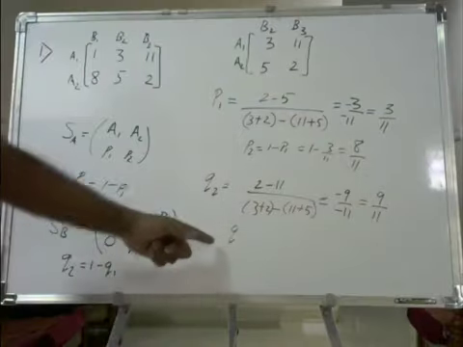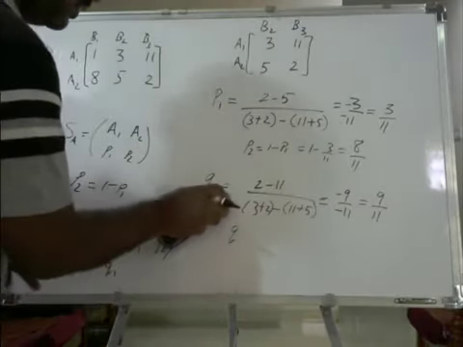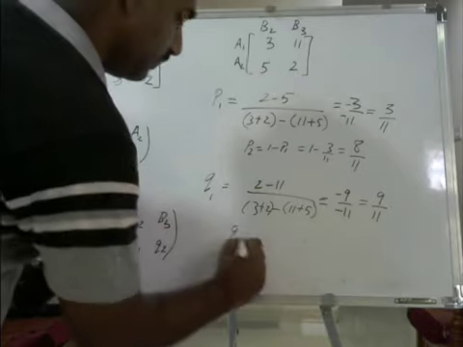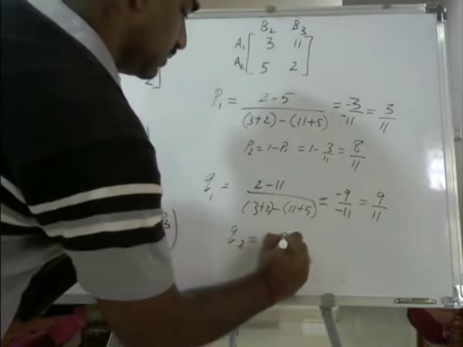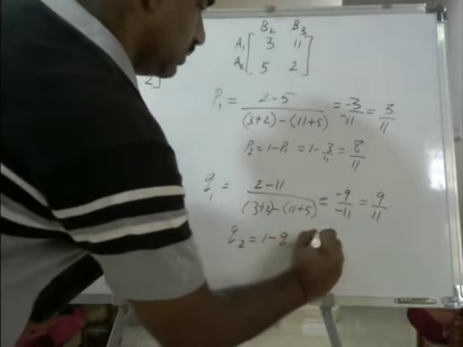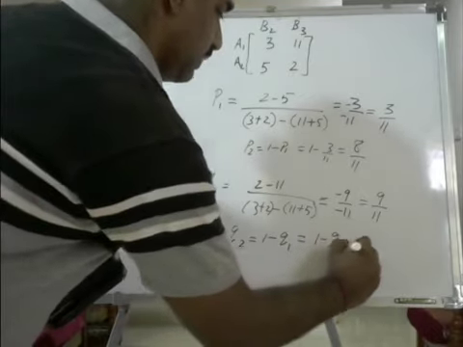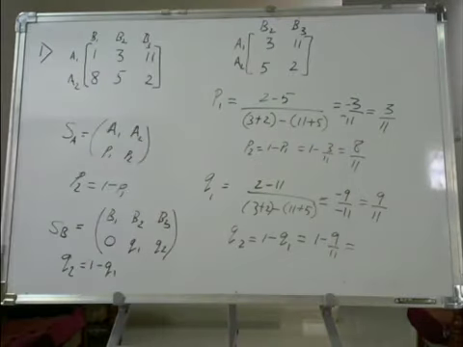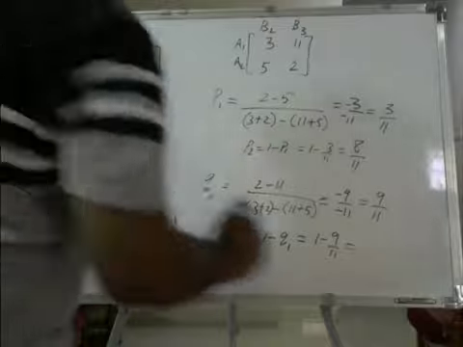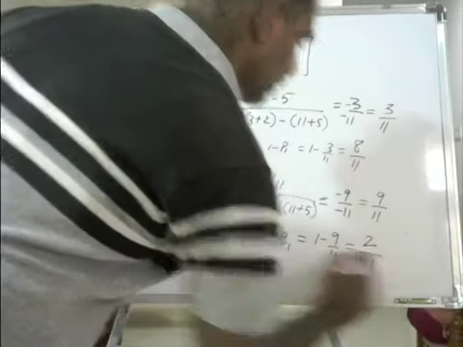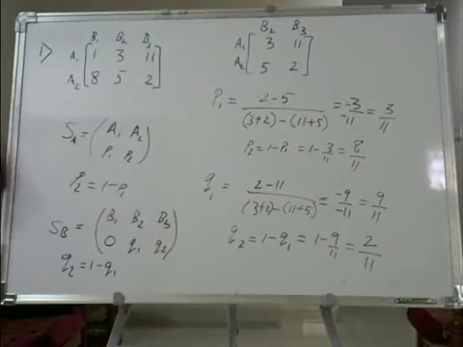Sorry, this is Q1. So Q2 is 1 minus Q1, which is 1 minus 9 by 11, that is 2 by 11.